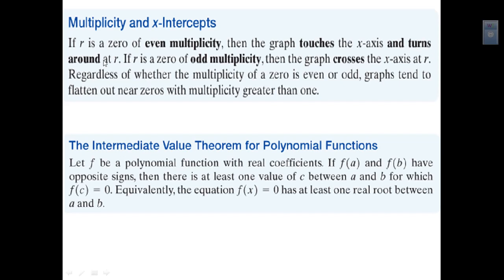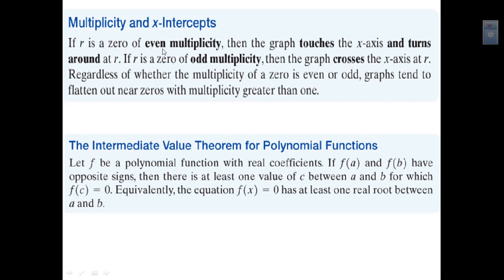Now, multiplicity and x-intercepts. If r is a 0, remember a 0 and an x-intercept are the same thing. So if we have a 0 that's algebraically found, graphically it's an x-intercept.